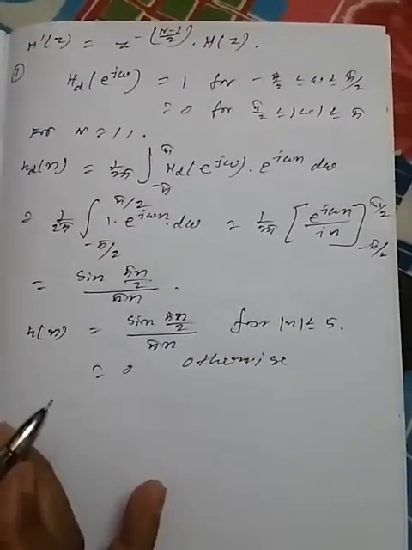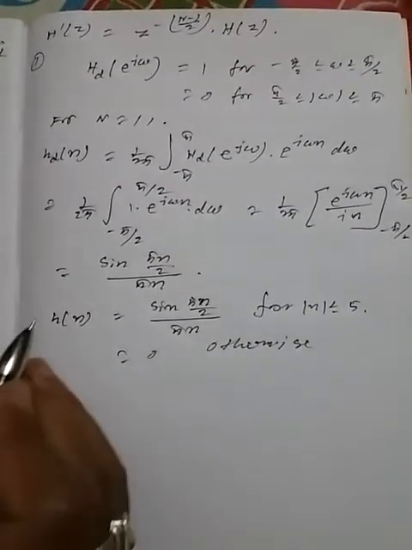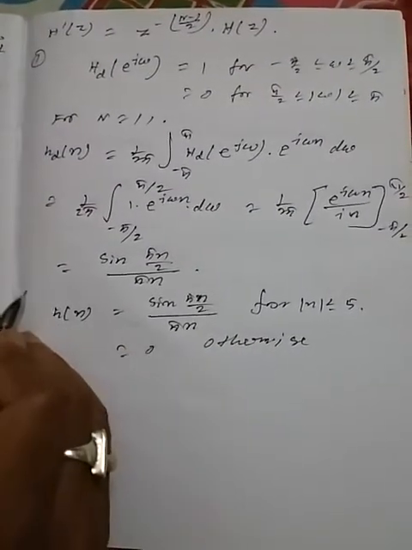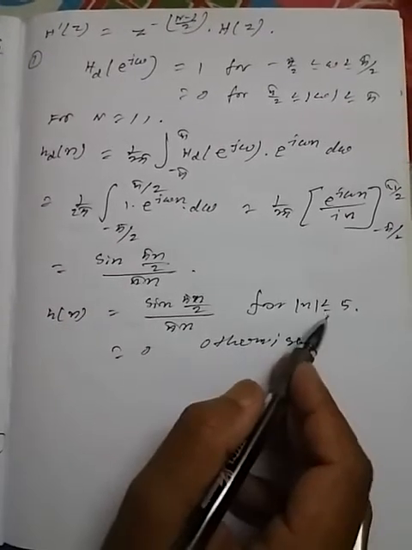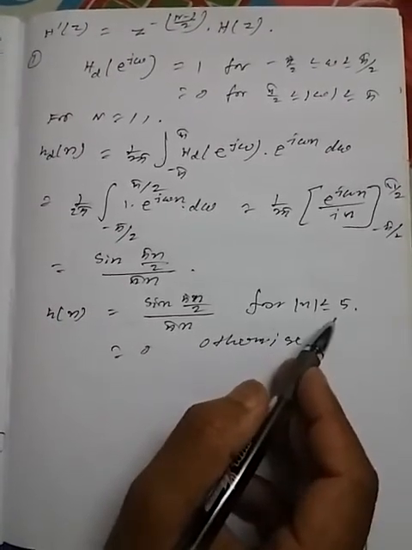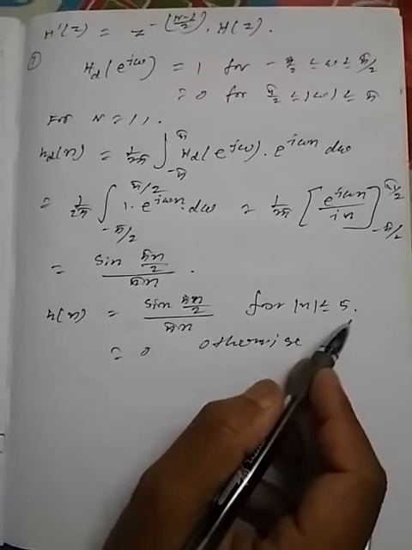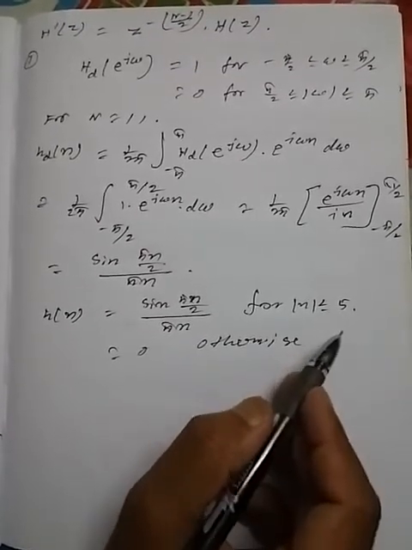Now we have to find h0, h1 up to h5, because |n| ≤ 5, so the value starts from 0.